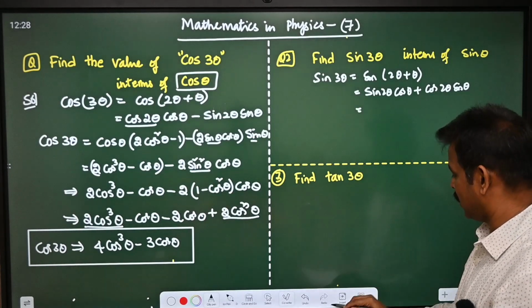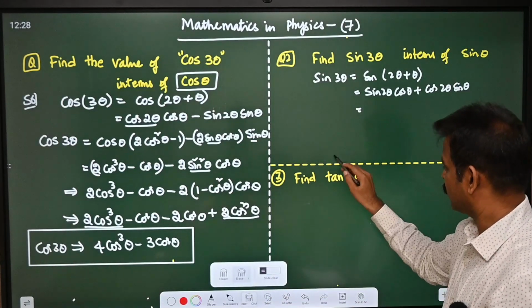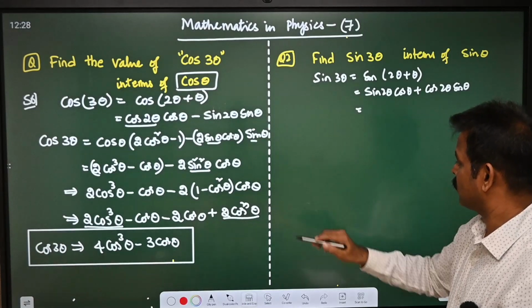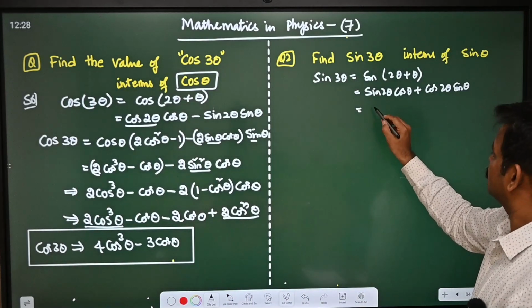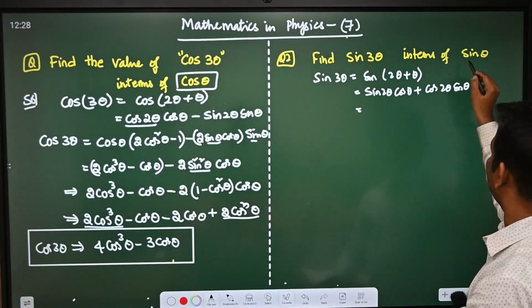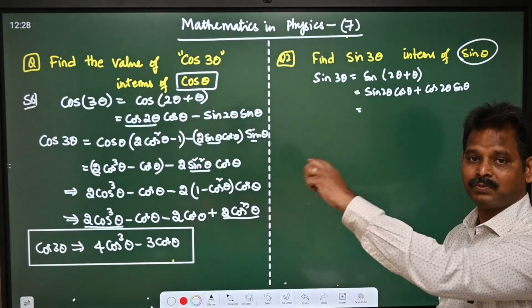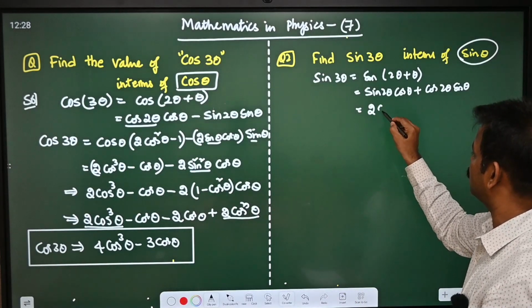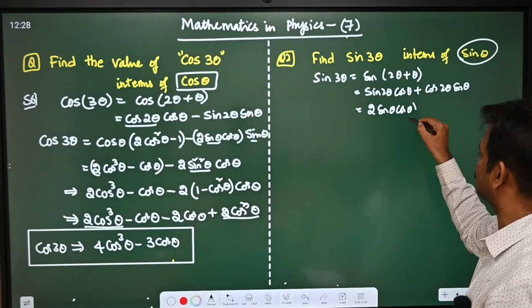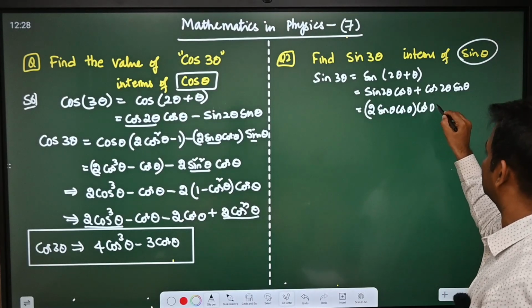Here we can write sin 2 theta. I need only in terms of sin theta. So in the expansion also we need to eliminate cos theta. So first sin 2 theta is 2 sin theta cos theta into cos theta.